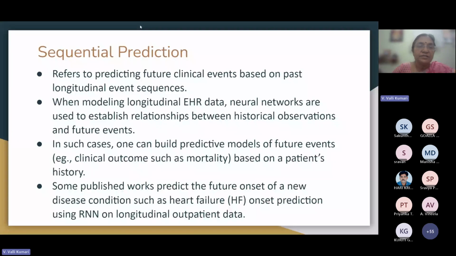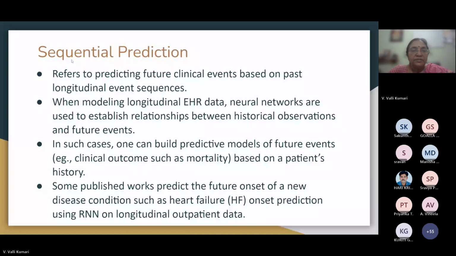I'm sharing the presentation. So then now we know how to process the data and start building the feature vectors. Once you get the input processed, you can directly give it to deep learning models to extract the interesting patterns.